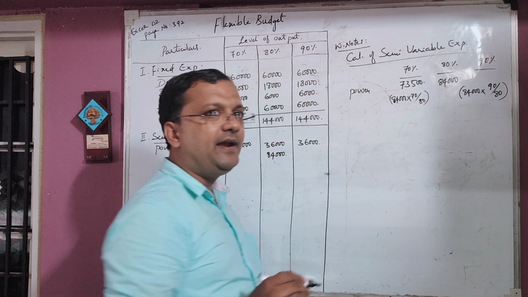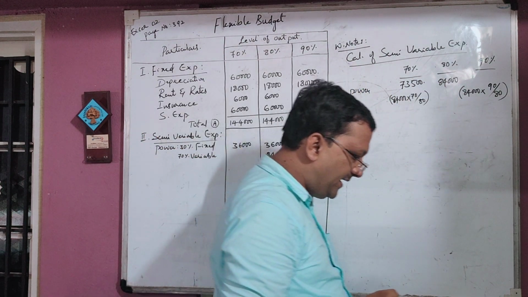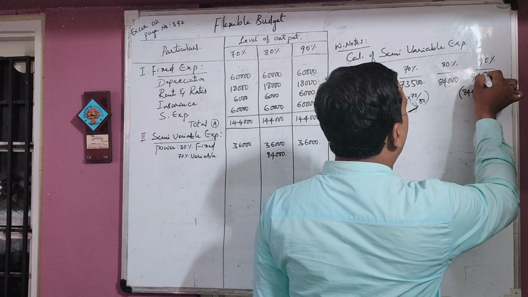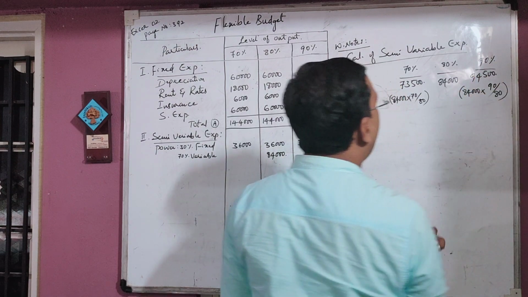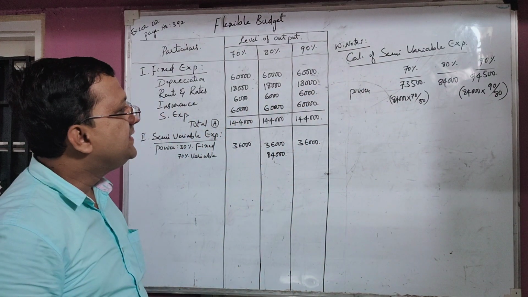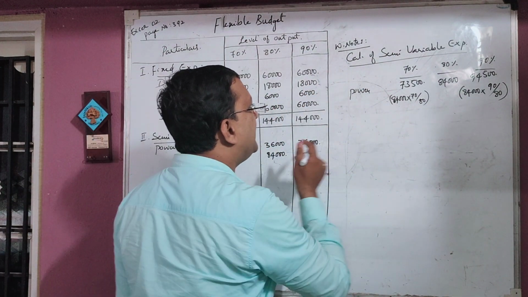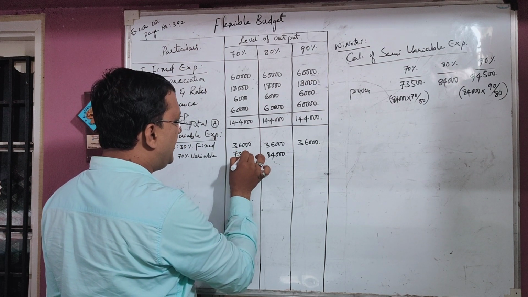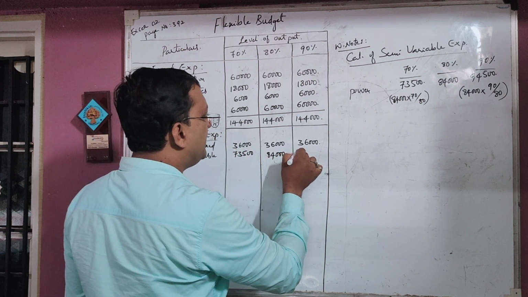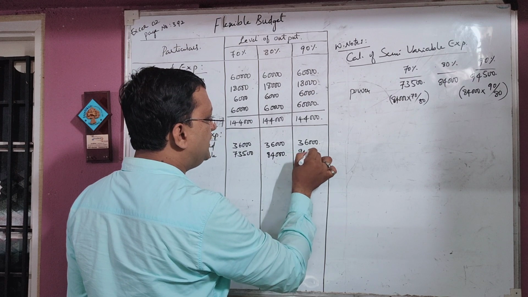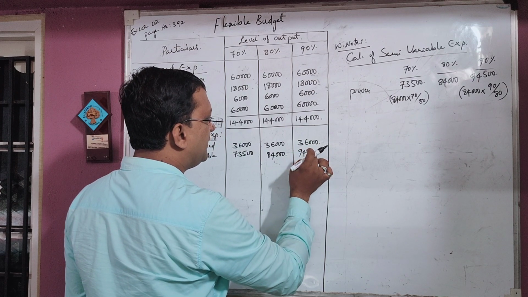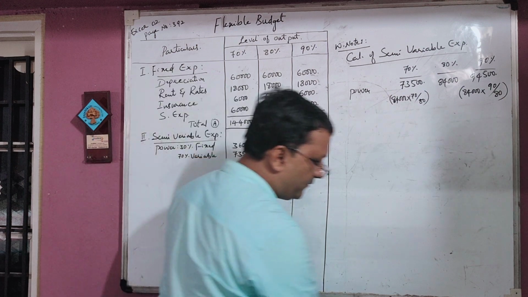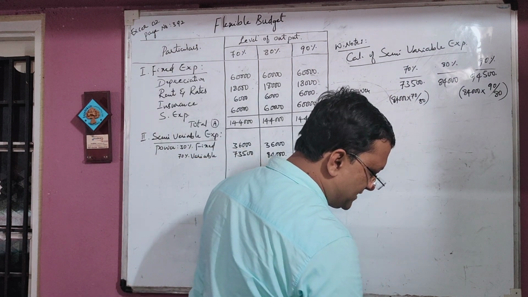Then again 84,000 into 90 divided by 80 gives 94,500. Then come to the next, the second. Fill it up: 73,500 and 94,500 rupees. Again come to the second point.